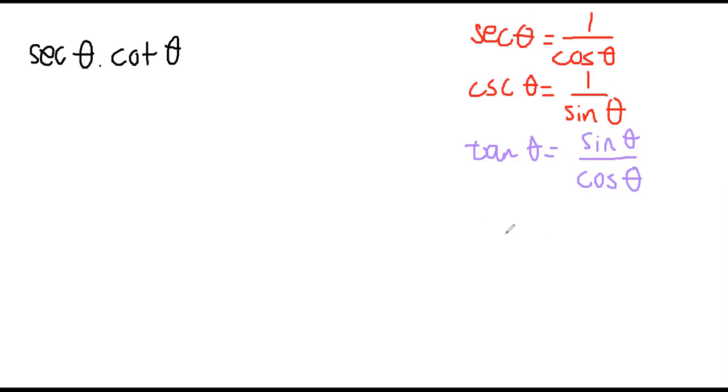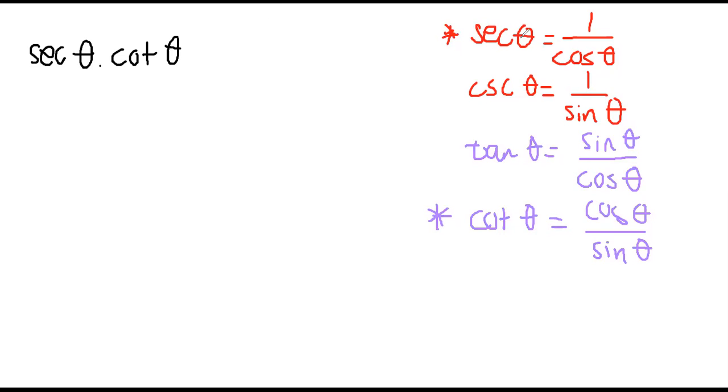And the quotient identity also indicates cotangent of theta is equal to cosine of theta over sine of theta.